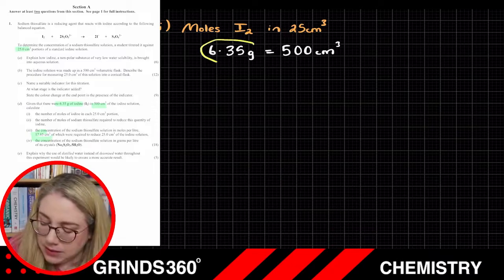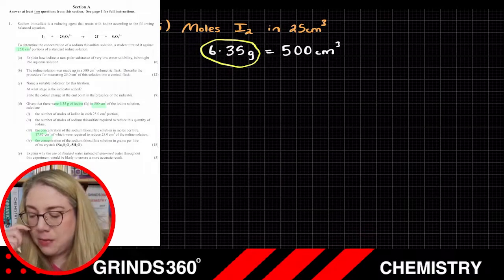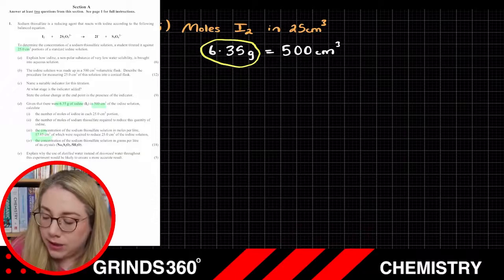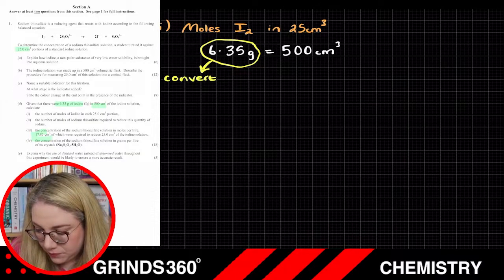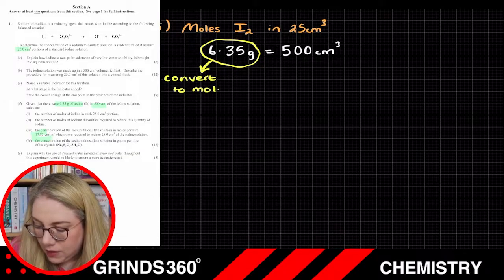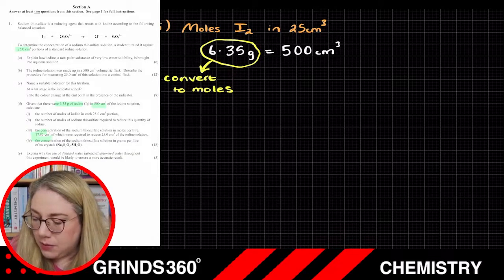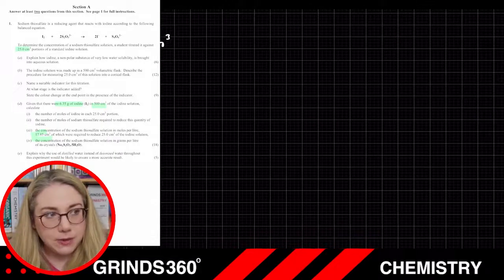Okay, so what I'm going to do is take my solute in grams and convert that to moles. So our moles equation, let's move that out of the way.